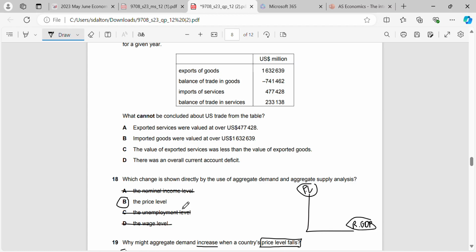We may see the effects of the changes, like a change in the wage level may result in cost push inflation, where AS moves to the left. But we're not going to be able to calculate that change, whereas we can see the actual change in the price level.